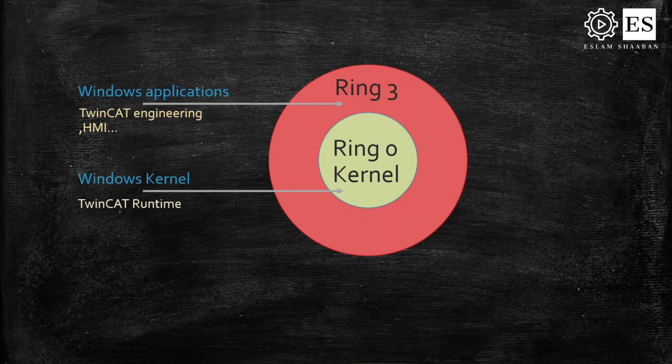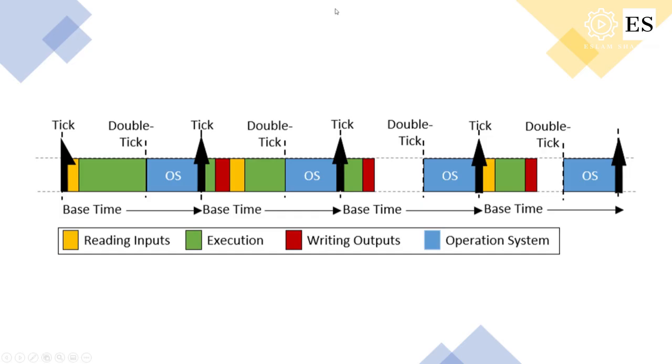That means normal Windows applications are not able to interrupt the TwinCAT tasks, as the TwinCAT3 runtime does not rely on Windows to manage its tasks. TwinCAT gets the real-time privileges. TwinCAT works with a kernel mode scheduler which distributes CPU time to TwinCAT tasks and Windows itself.